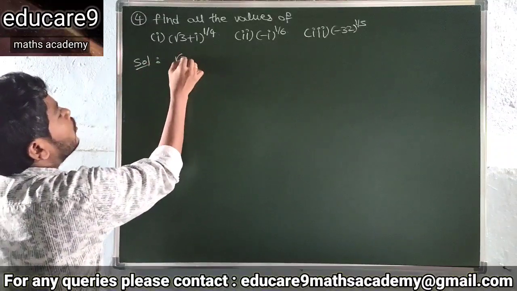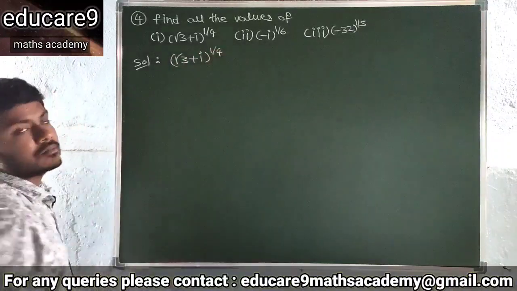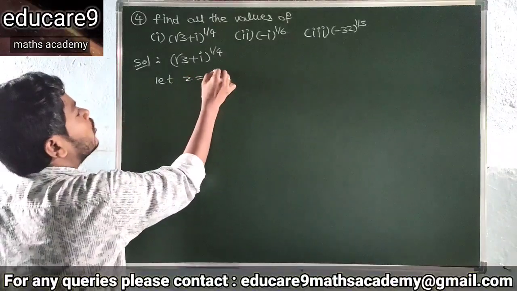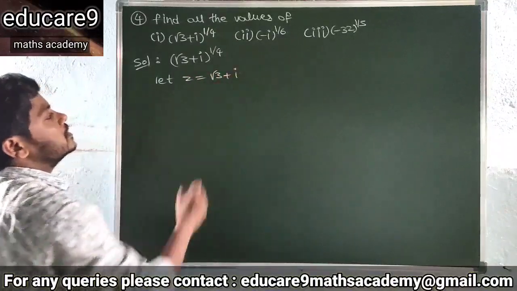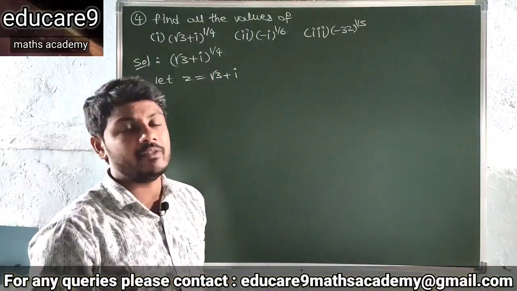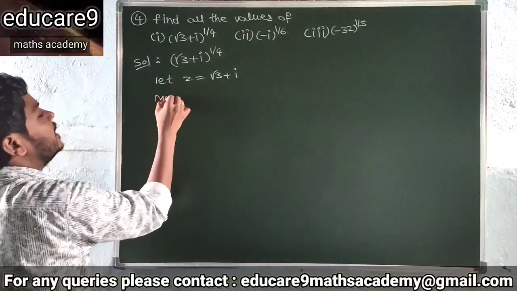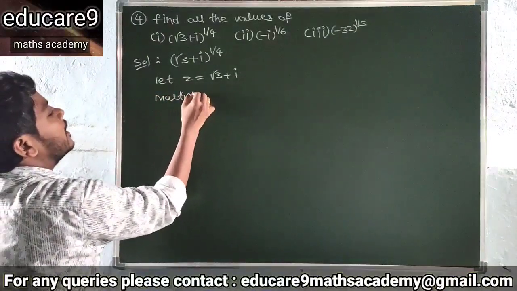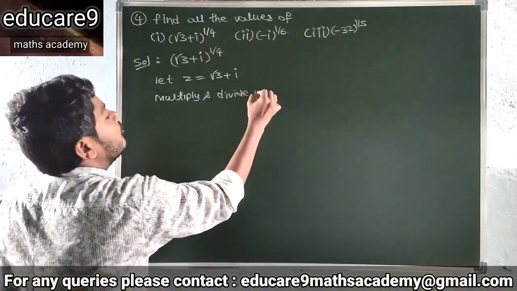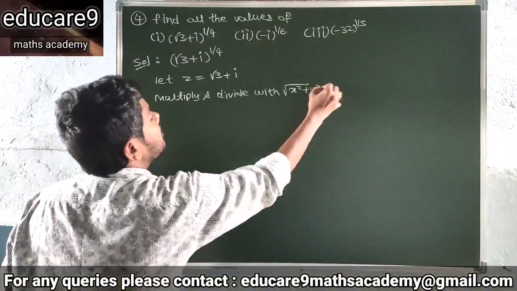We are given (root 3 plus i) whole to the power of 1 by 4. Okay. So first let z is equal to root 3 plus i. So clearly it is in the form of x plus iy. So here we have to multiply and divide by the square root of x square plus y square.